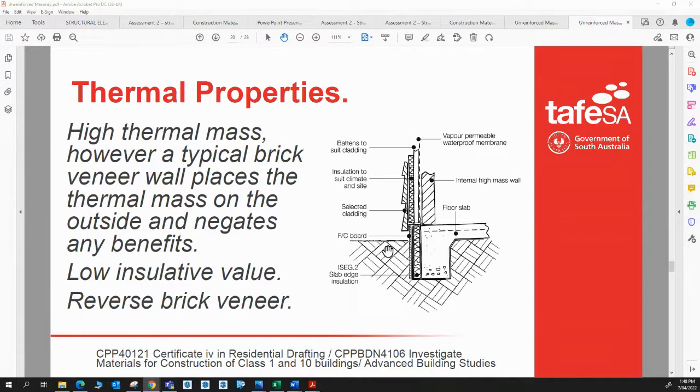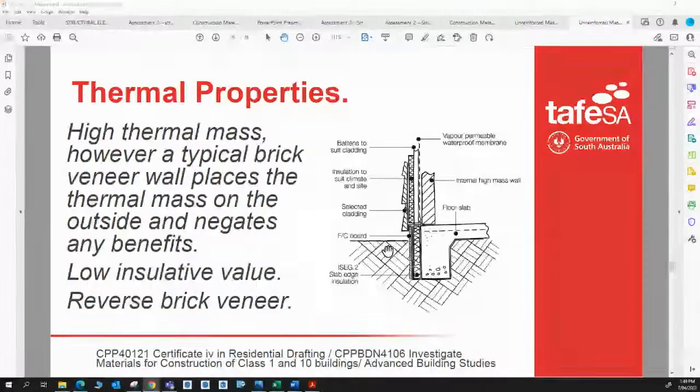So I guess we're talking about the unreinforced brickwork in its most commonly used form, which is brick veneer. There are plenty of houses you'll see around Adelaide that are of cavity brick construction as well. That was the mainstay of construction from the 1950s through to about the mid 70s, when this idea of brick veneer kicked off, where people go, oh, actually we can do a timber frame and plasterboard lining internally rather than two leaves of brickwork.